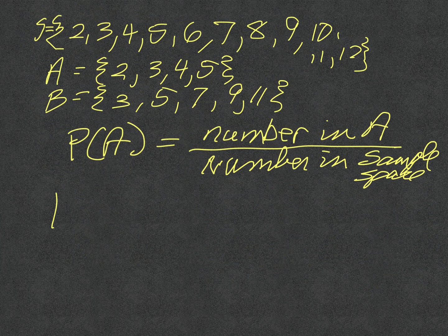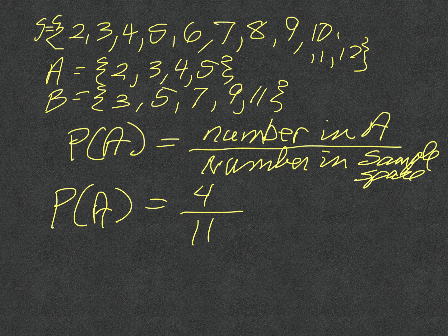Well, the probability of A is going to be 4, because there are 4 numbers less than 6, and the number in the sample space is 11. And so the probability of obtaining a number less than 6, when you roll 2 dice and add them up, would be 4 out of 11.